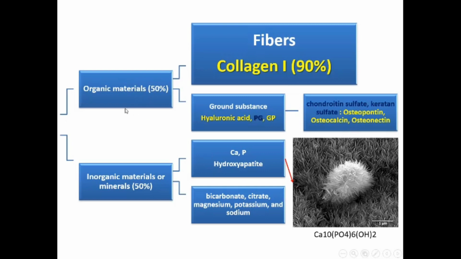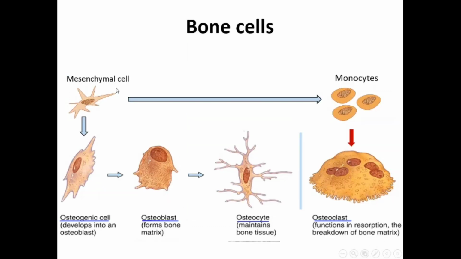If I magnify this part again, we have organic material and inorganic material. Organic material is mostly formed by fibers and a little by ground substance. Inorganic material is mostly calcium phosphate in the form of hydroxyapatite crystal. You can see the crystal of hydroxyapatite in the bone with this formula, and other ions.